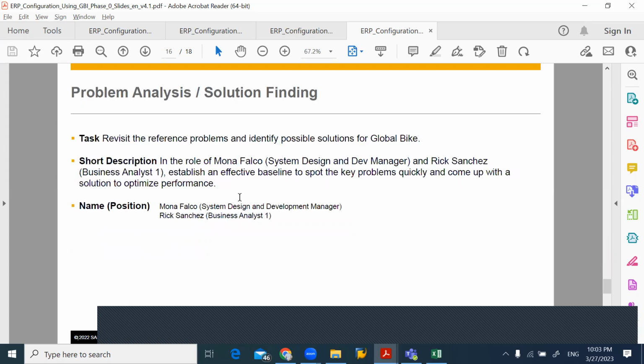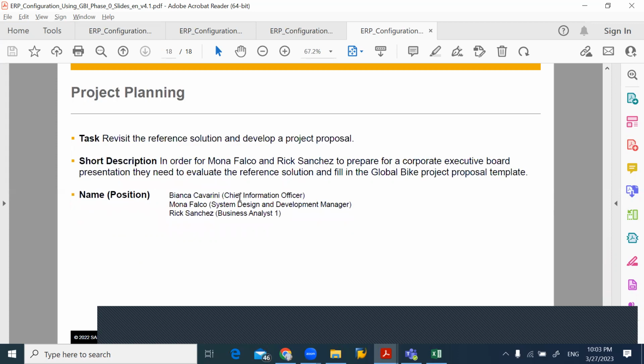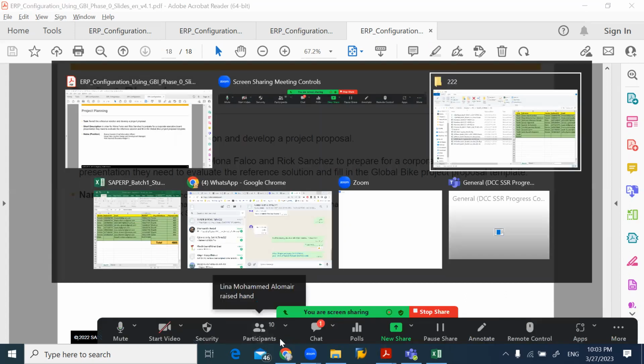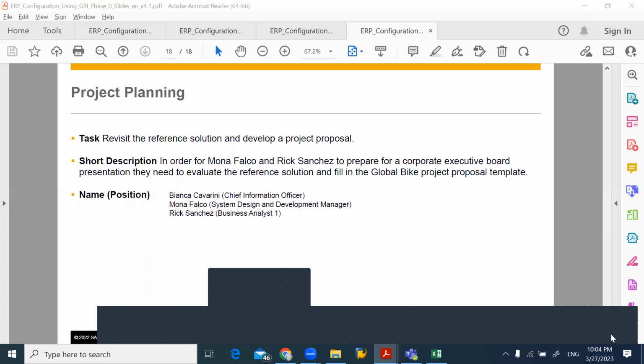And then we'll do the solution finding. We have to identify some possible solutions for Global Bike. And then we have project planning, which is an optional part. So this was an introduction to the configuration curriculum. Now let's see what we have in the next part.